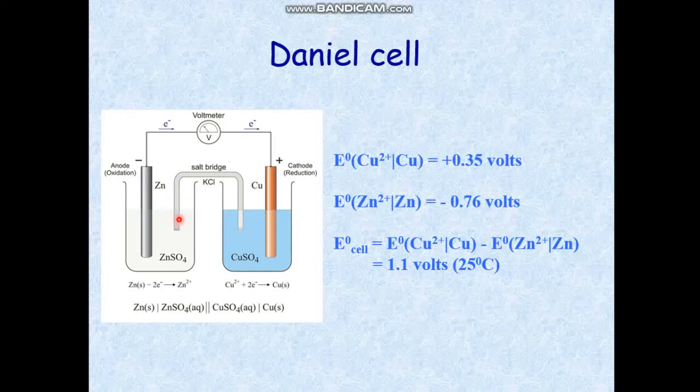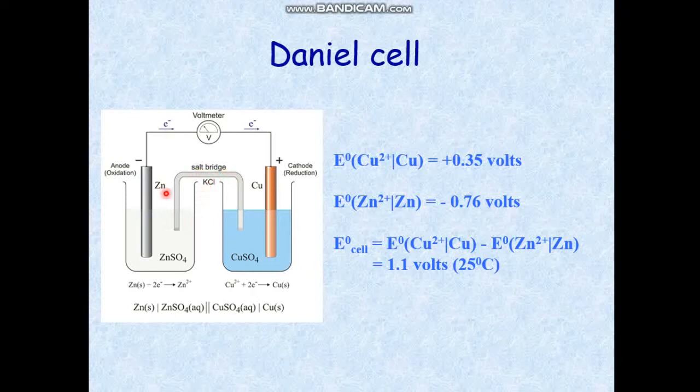In order to balance this non-neutrality of ions, a salt bridge has been connected. This salt bridge connects the 2 half cells. It is nothing but a saturated potassium chloride solution.